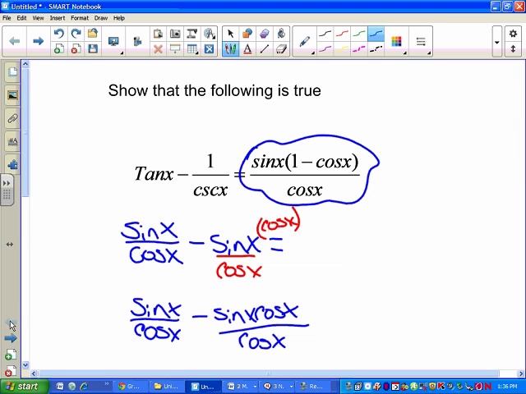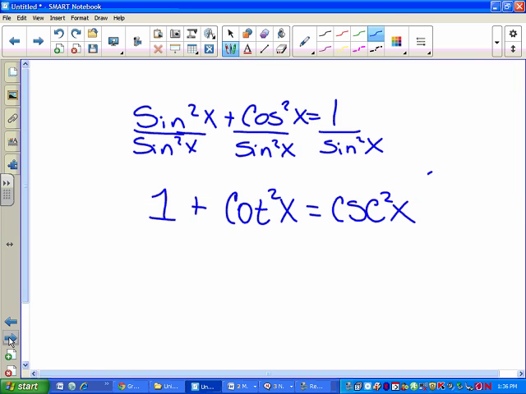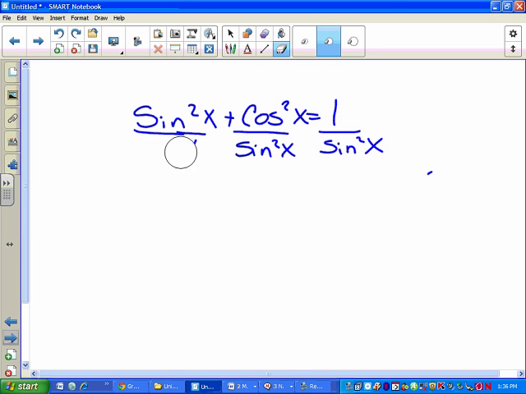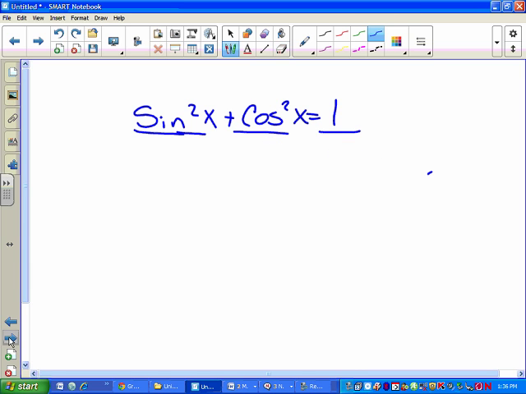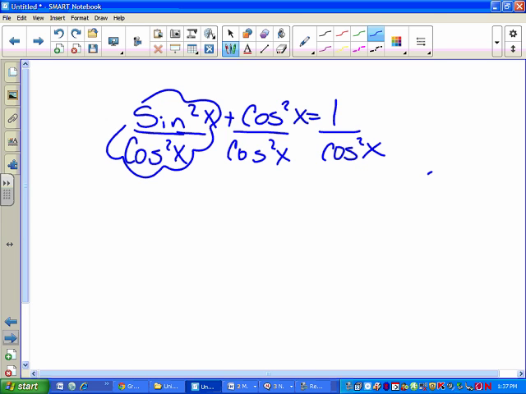Look at this. Instead of dividing everything by sine, let's divide everything by cosine squared x. So if I divide everything by cosine squared x, now we have, let's go with this first one here. What is sine squared x over cosine squared x?